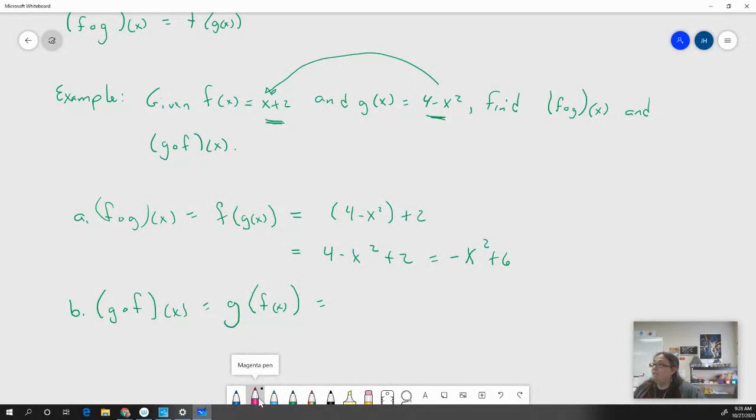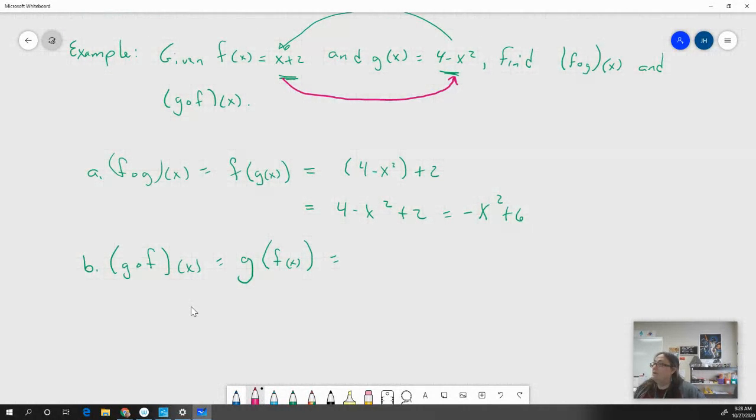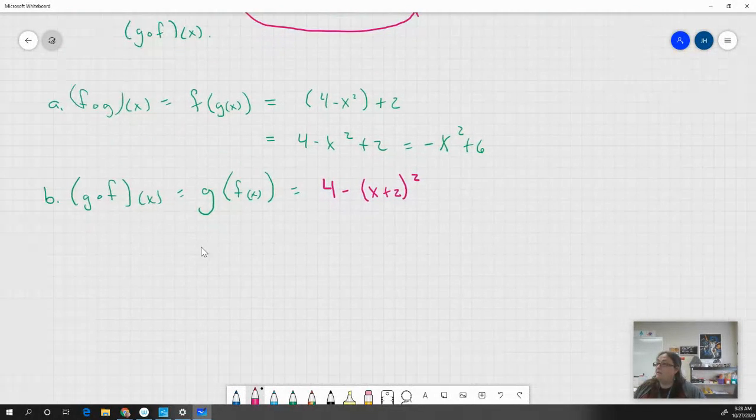I am going to take this and input it for x over here. So when I look at this, here I have 4 minus x squared is my g. So 4 minus, where I have x, I'm going to put in x plus 2 squared. And I'm going to go ahead and solve that.